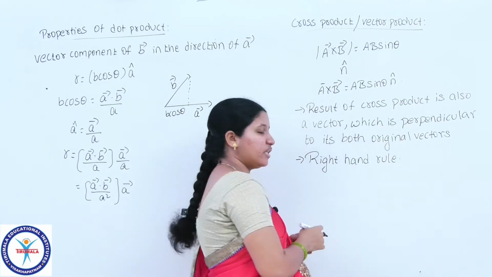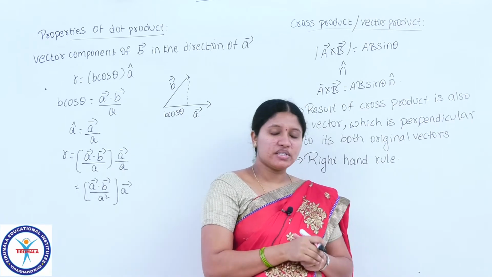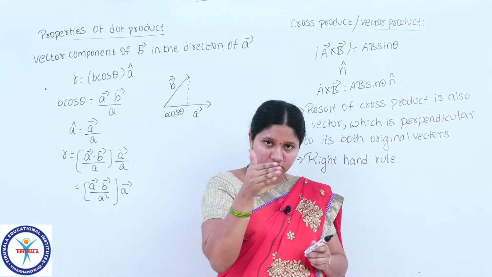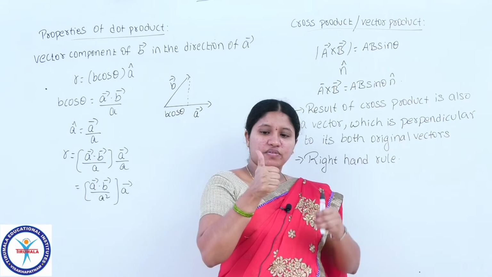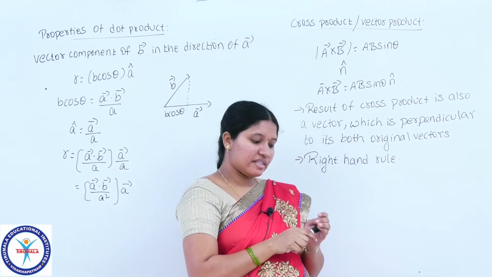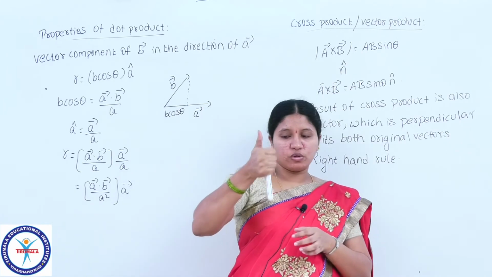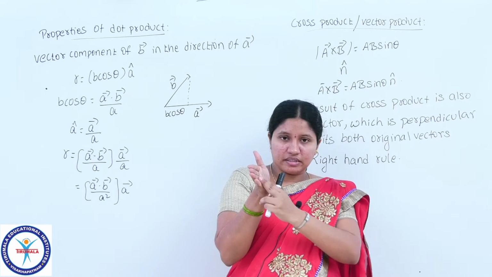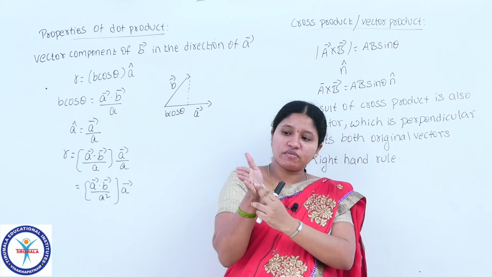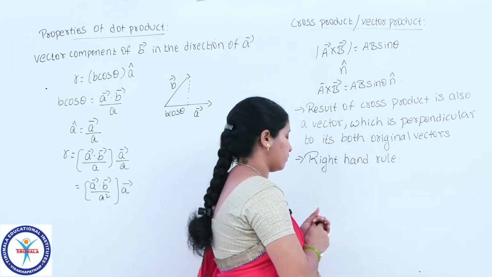So we can find out the direction by using right hand rule. So what is right hand rule? Curl your fingers and stick your thumb upwards. So what do we do, let us assume we are holding a stick. So like this we hold the stick. So this curl will be from the sense of rotation of fingers from a bar vector to b bar vector.